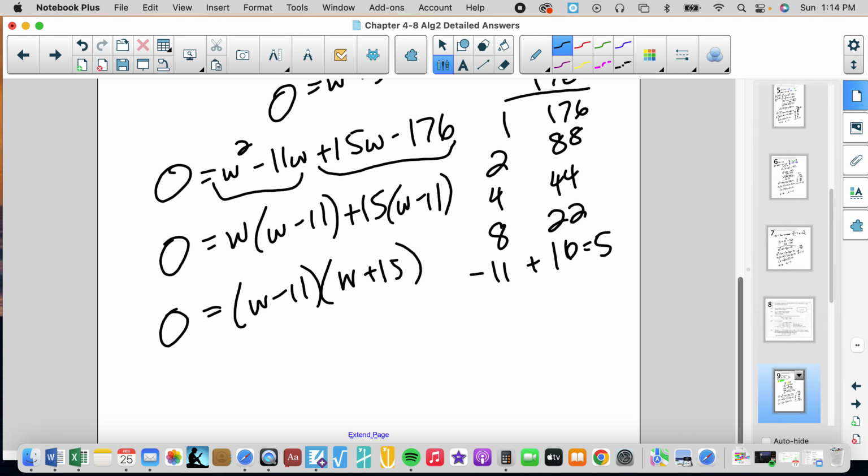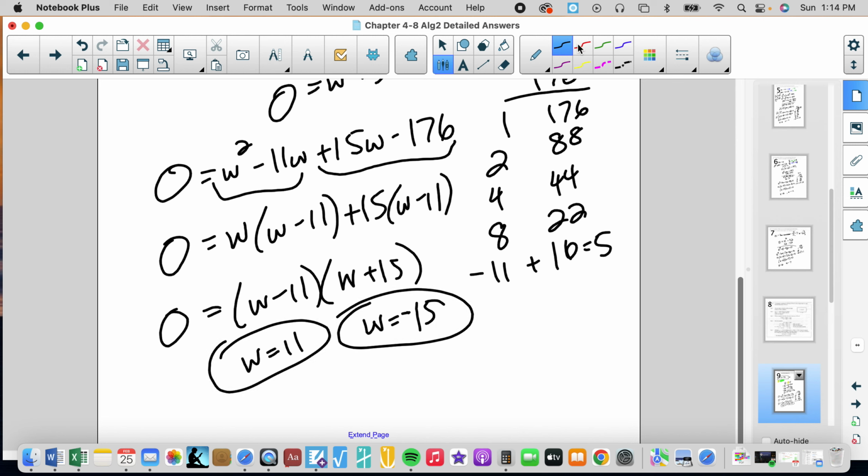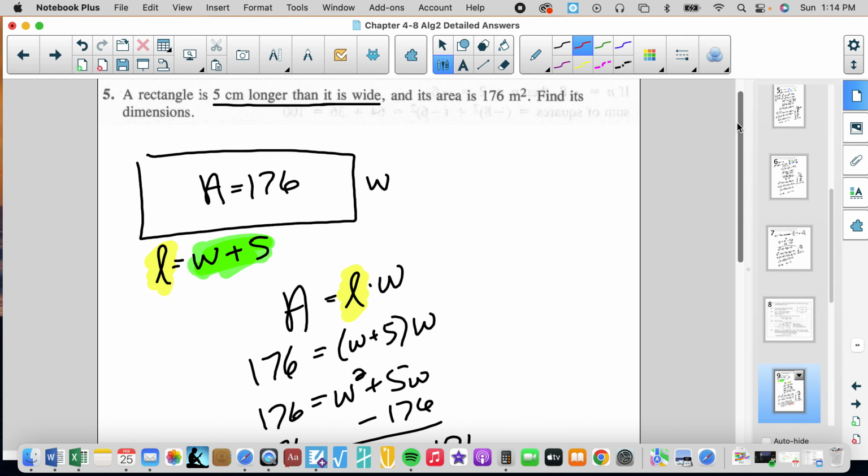So setting each one equal to 0, you get W equals 11 or W equals negative 15. So you either have a width of 11 or negative 15. That gets negated. We can't have negative distance. So my width must be 11. And if my width is 11, then my length is going to be 16 centimeters.